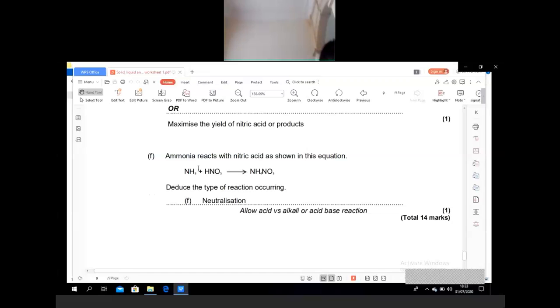So NH3 becomes NH4+, and HNO3 becomes NO3-. The nitric acid has lost its proton, while the ammonia gets a proton. This one has ionic bonding and also covalent bonding.